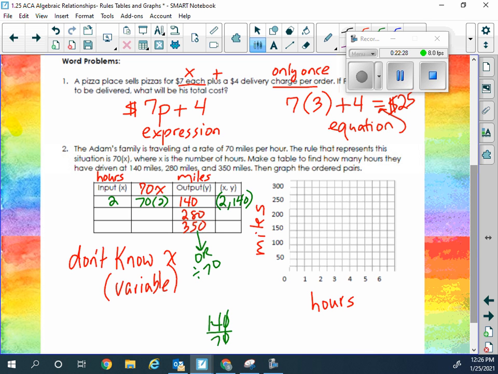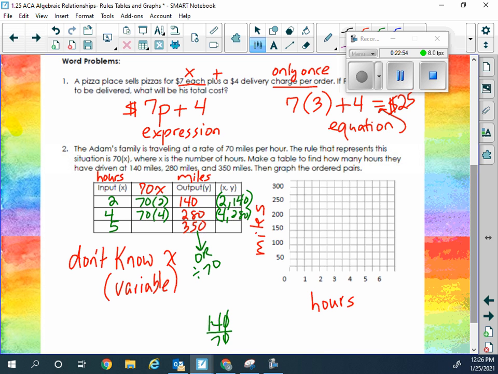Okay? How about the next one? 280. What times 70 was 280? 3? 4, right? Because 280 divided by 70 is 4. So your point would be 4, 280. And then 350 divided by 70 is 5.